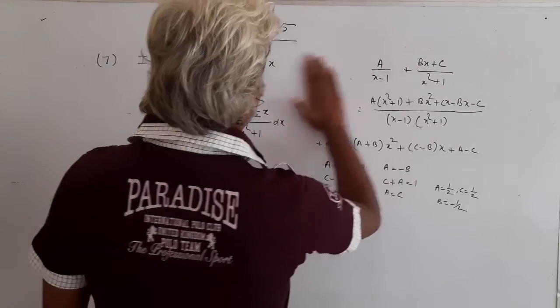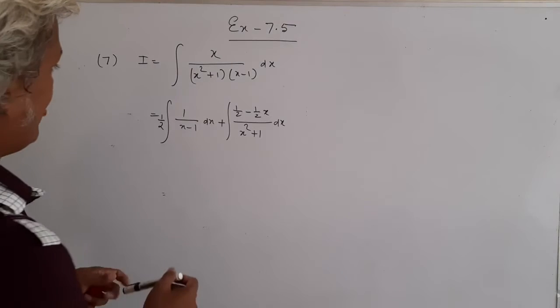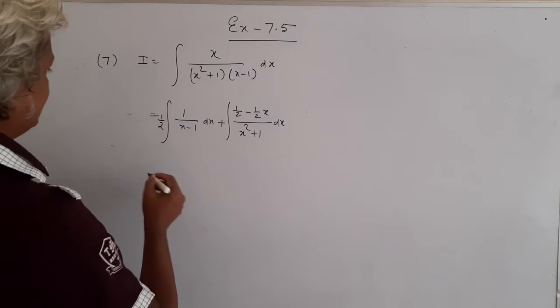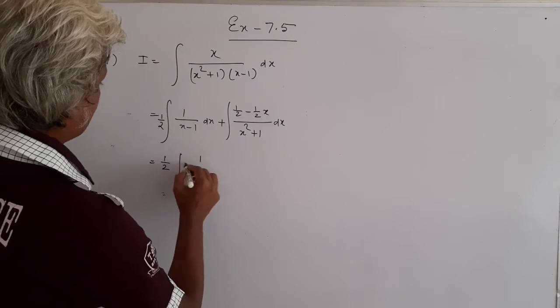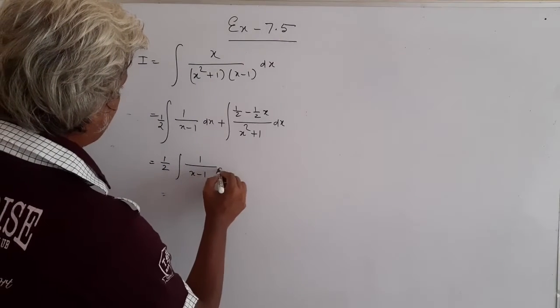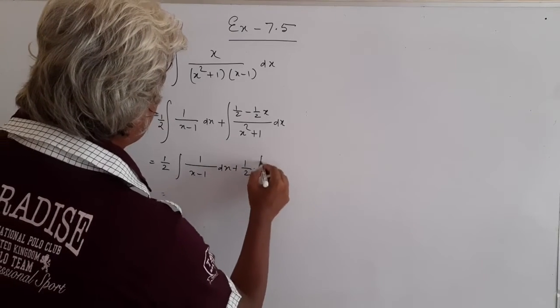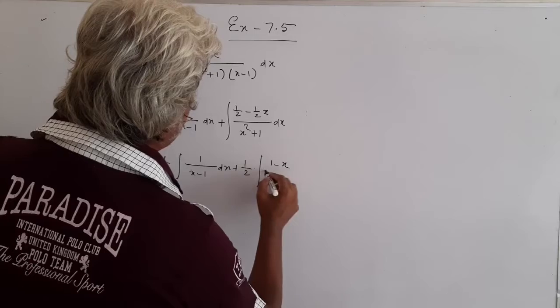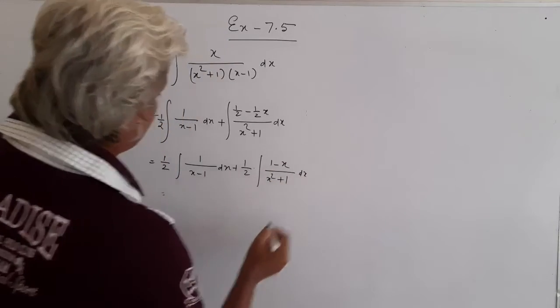So let me get rid of this part. Now let me elaborate this point. So there you get half integration of 1 over x minus 1 dx plus half outside (1 minus x) over x square plus 1 dx.